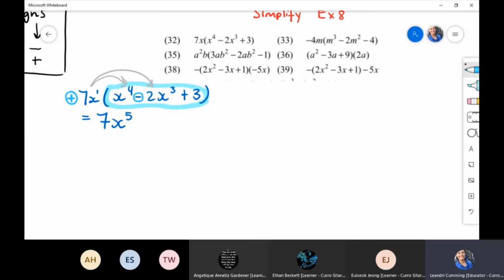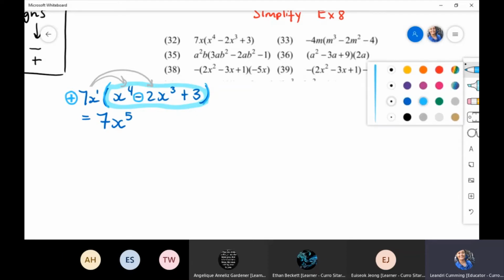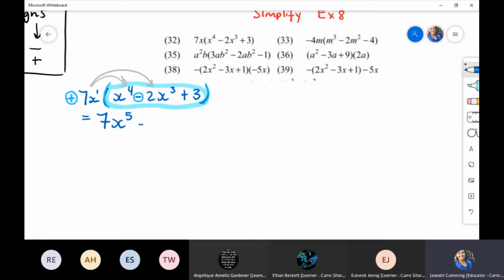And why do we say we multiply? It's because we're working over this bracket. Okay, so now the positive times the negative becomes a negative. 7 times 2 is 14. And x to the power of 1 times x to the power of 3 becomes x to the power of 4.